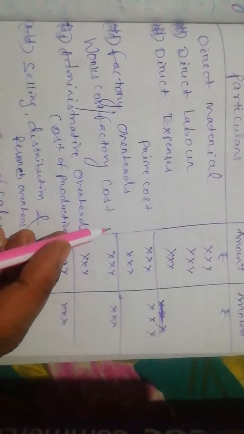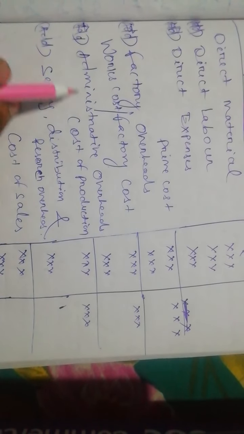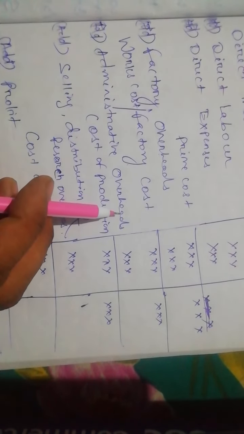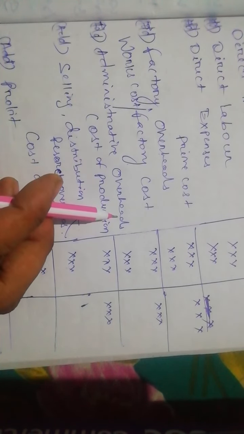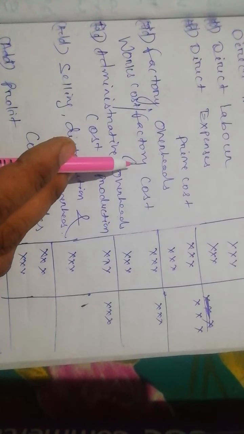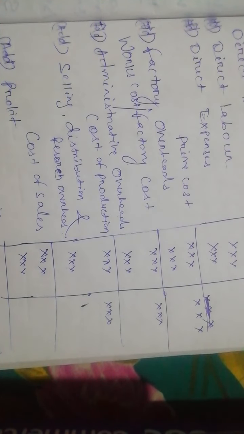Okay. The next, add administrative overheads, office and administrative overheads, such as office salary, office stationery, postage, director fee, audit fee. Different types of office and administrative overheads are to be added to factory cost to get cost of production.